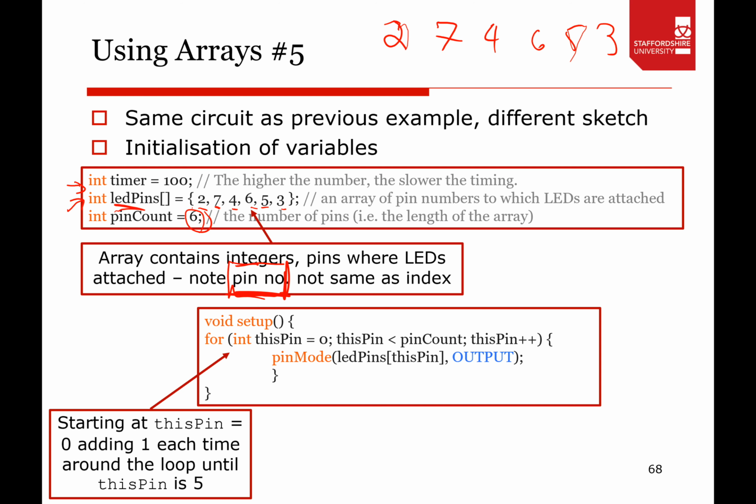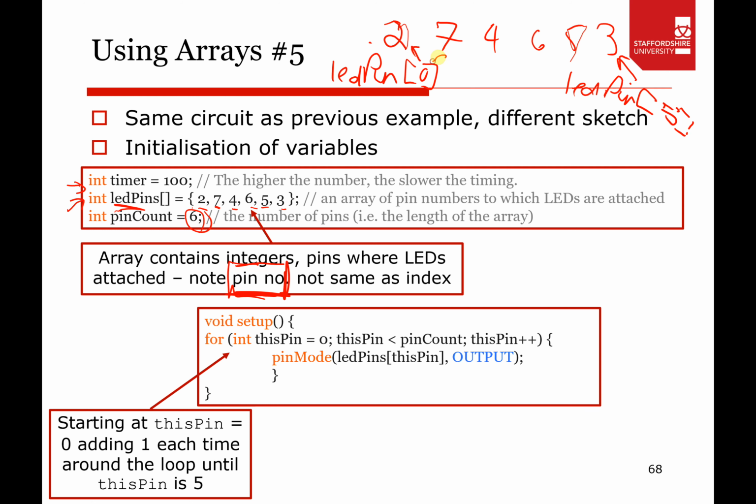The index is: LED pin 0 is 2. There's 6 of them, so LED pin 5 equals 3.